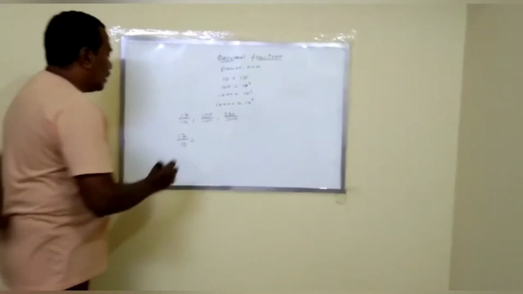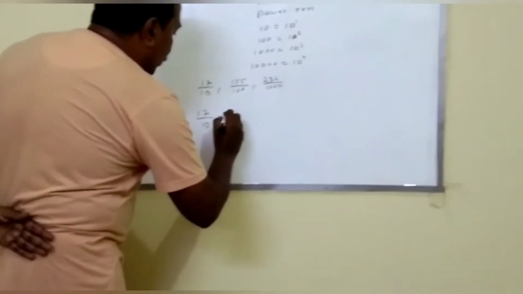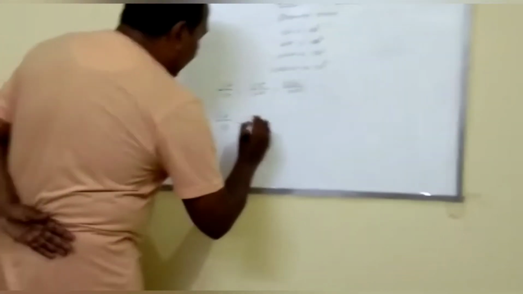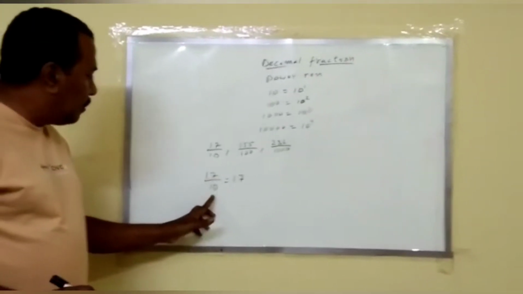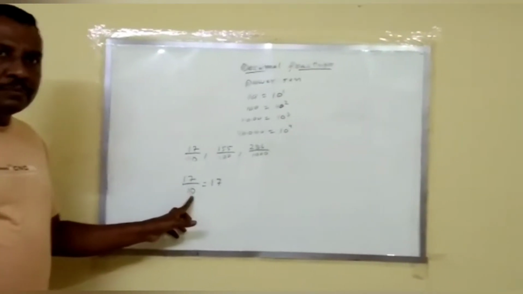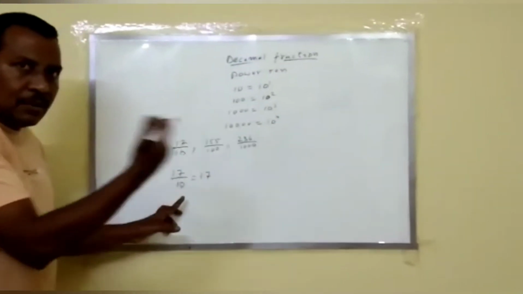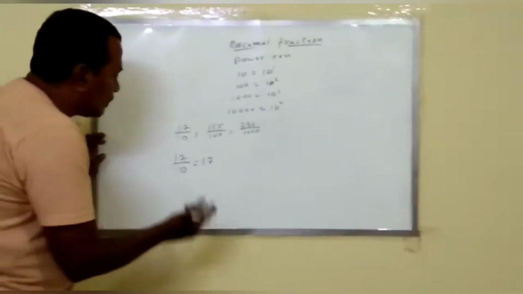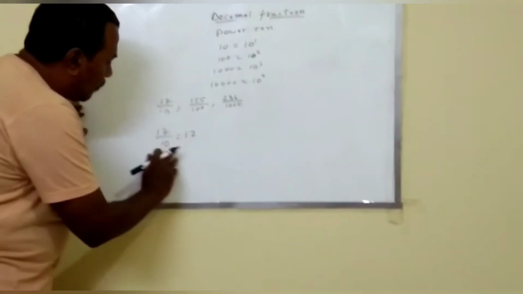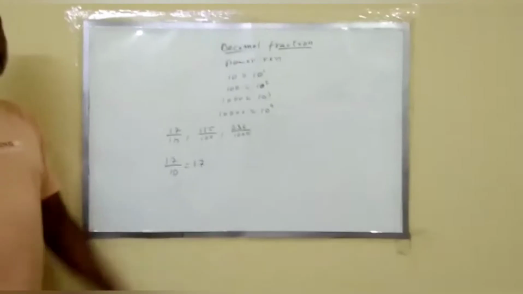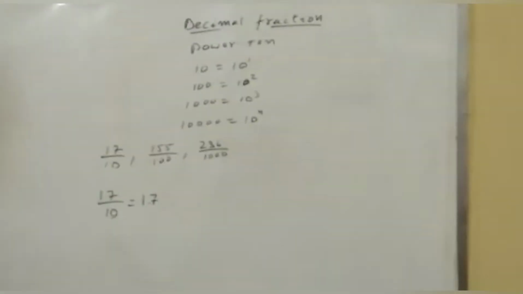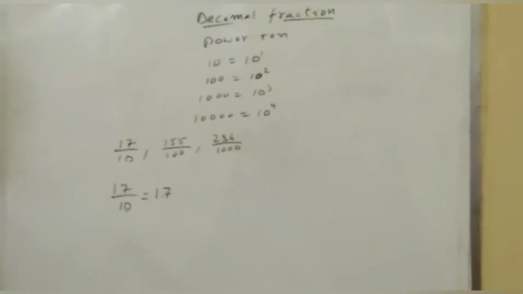First write the numerator 17. Observe the denominator: it contains 1 zero. So from the right, count 1 digit and keep a decimal point. So 17 by 10 is equal to 1.7.